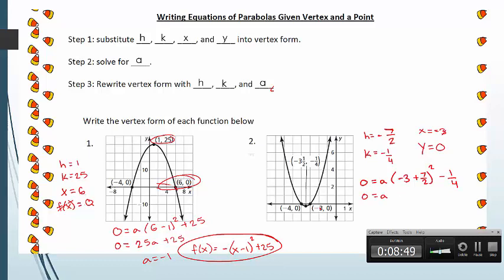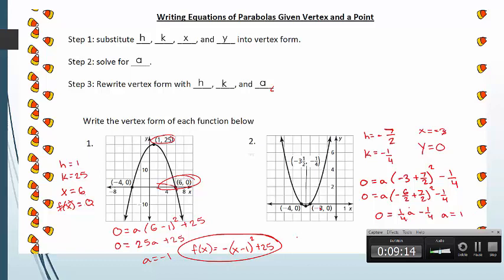Now if I want to go ahead and do negative 3 plus 7 halves, I actually like to think of it as negative 6 halves plus 7 halves. And negative 6 plus 7 is 1, so I get 1/2 squared, which is really just 1/4. So if I were to solve that problem, I find out that a is just 1.